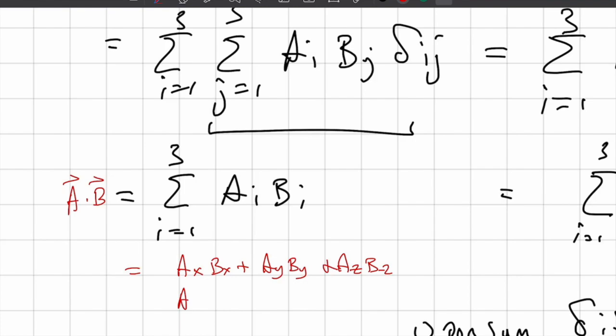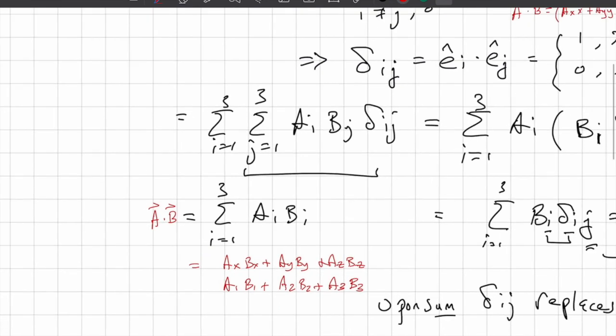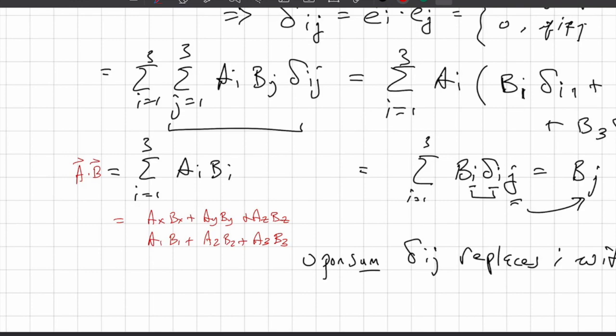And really what I mean, I'm sorry, is A1 B1 plus A2 B2 plus A3 B3. Everyone following me still? So we did something we knew how to do with sums that made it look a lot more terrible, but we're going to see it's really not more terrible.